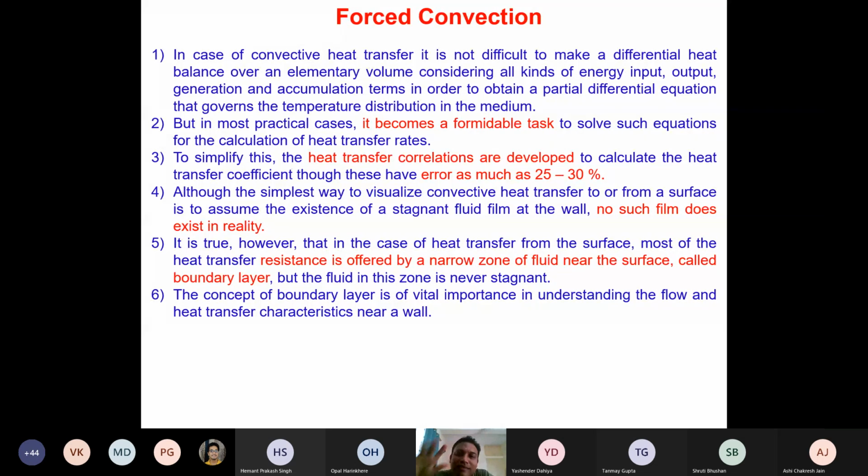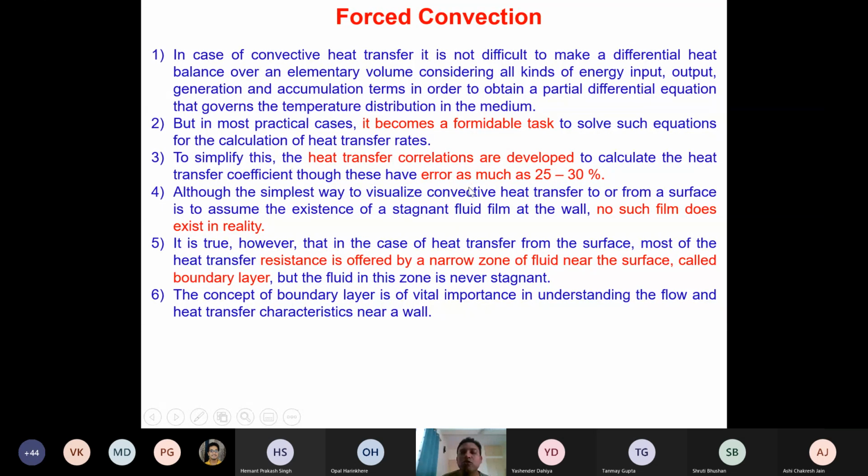Now, as I said, the heat transfer correlations are used here to calculate the heat transfer coefficient, and these are based on experimental results. So these are also associated with error. Usually the amount of error associated with these correlations is around 25 to 30%.